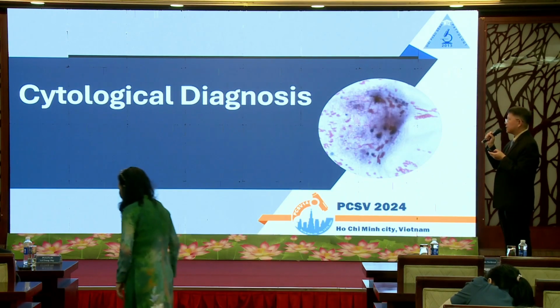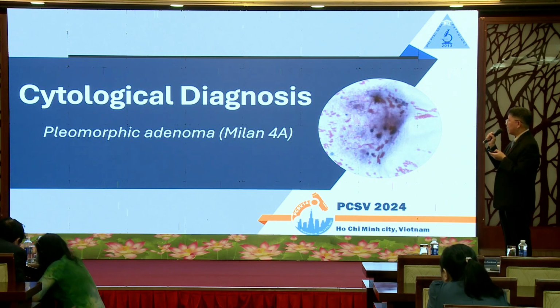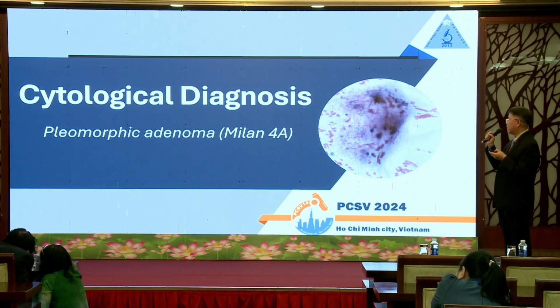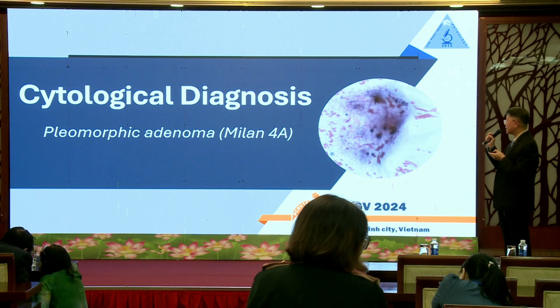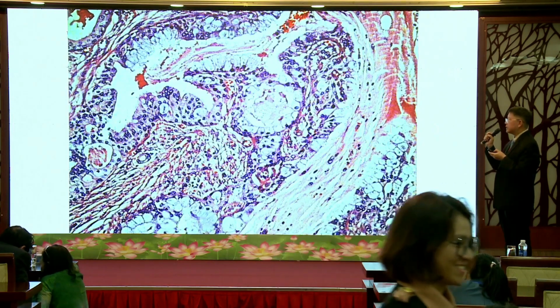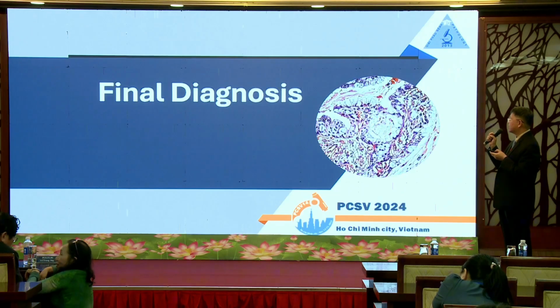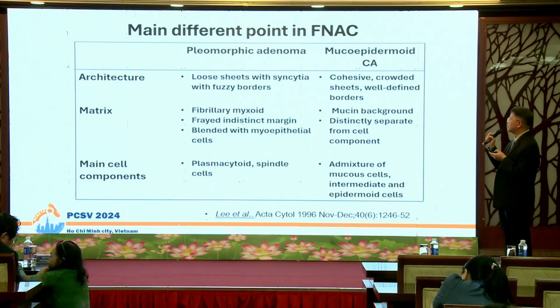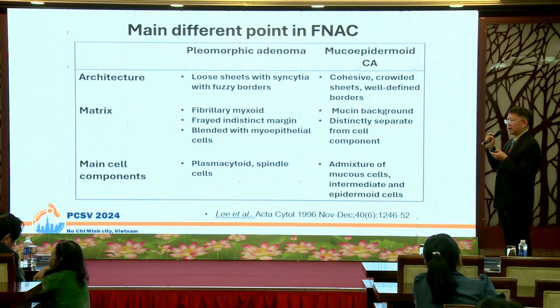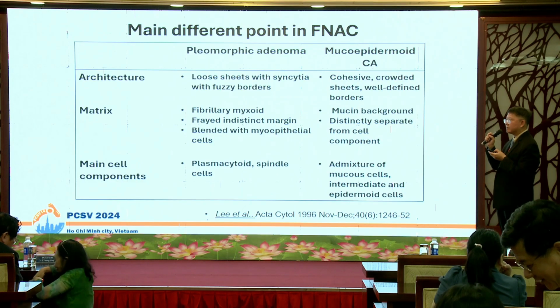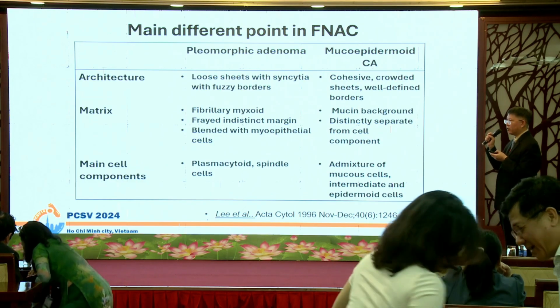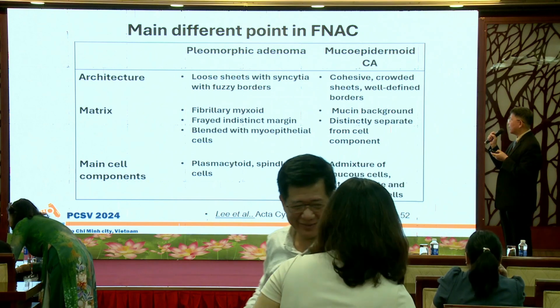Again, in this case I diagnosed it as suggestive of pleomorphic adenoma on cytology, but it turned out to be mucoepidermoid carcinoma. So the lesson learned here: I want to compare the cytology features between pleomorphic adenoma and mucoepidermoid carcinoma.